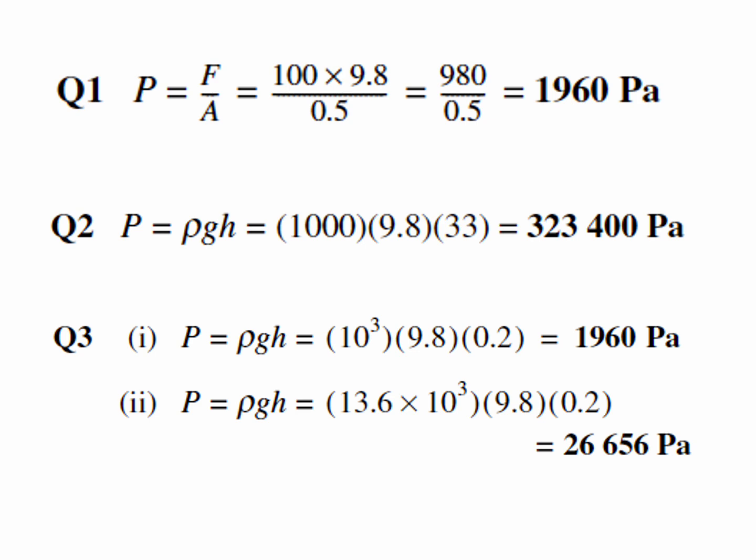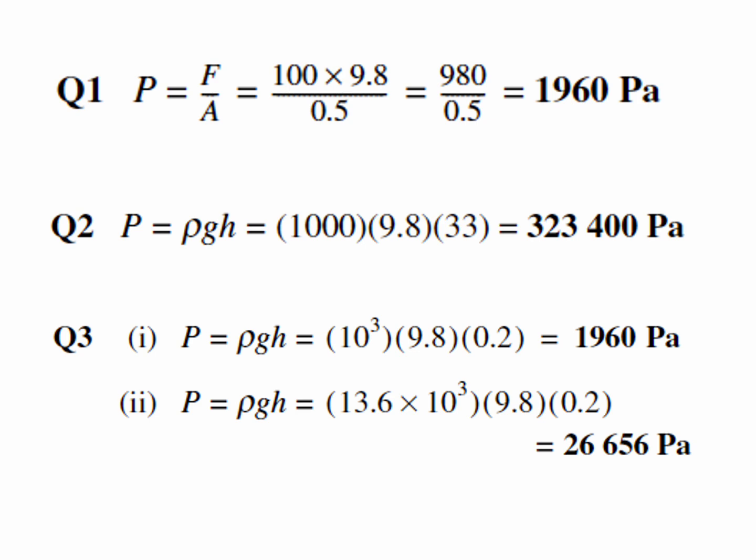So 20 centimeters there, you had to make sure to get that into meters, 0.2 meters. And in each case, you were using the same formula, only that the two liquids had different densities. So your density of water, 10 to the power of 3, and your density of the mercury, 13.6 by 10 to the power of 3. So the pressure there due to the mercury was a lot larger. All right.